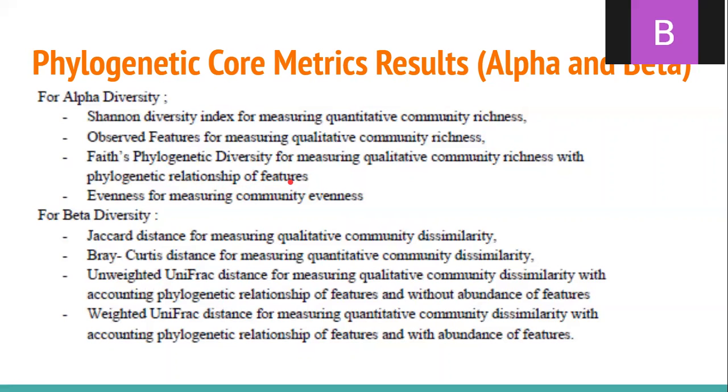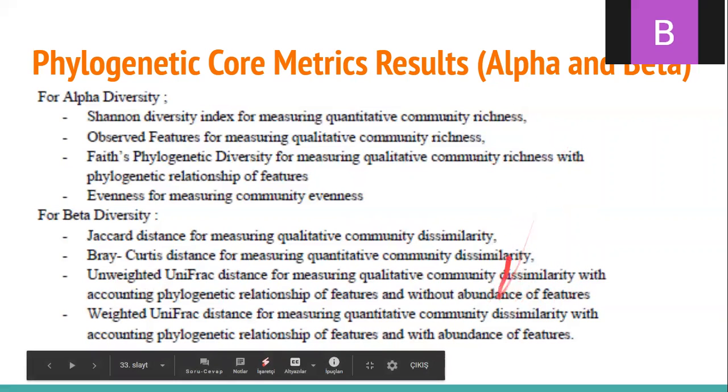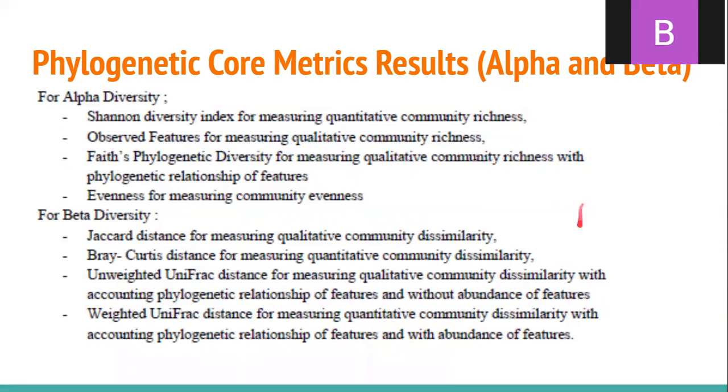For beta diversity, again, the Jaccard distance matrix, as an example, is used for measuring the qualitative community dissimilarity. Others are also used for other purposes, and I have actually investigated all of them.